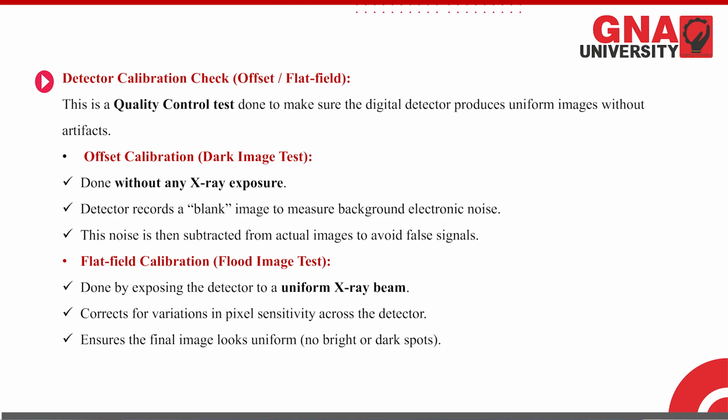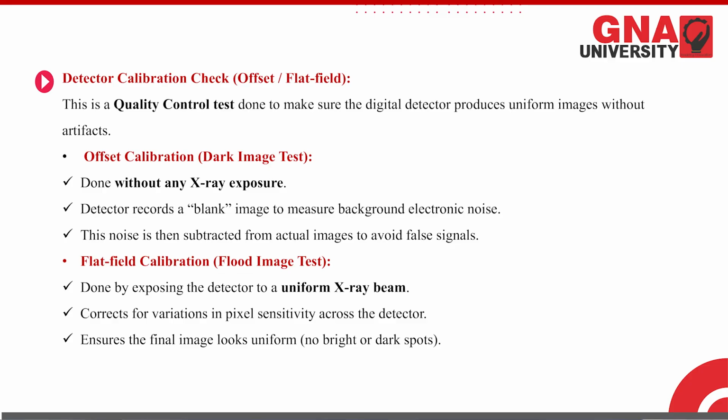They are detecting the radiations properly. If this image is without any dark spot, without any bright spot, then our detectors are working properly, without any problem, without any defect. So by this we can also get a high quality image.